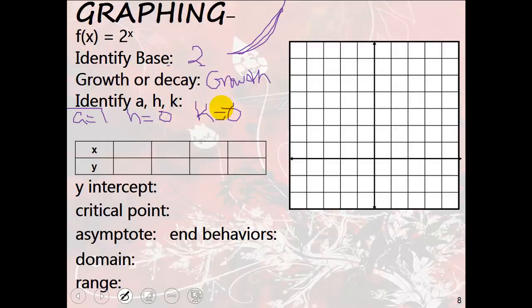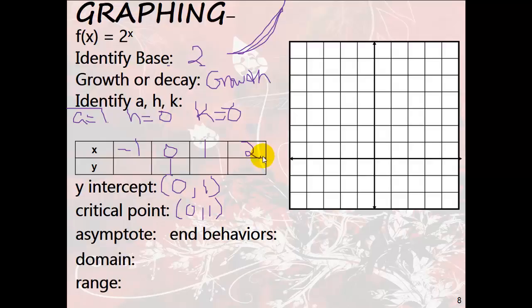Okay. So I'm going to find my y-intercept, and it's 0. When I plug in a 0, I get out a 1. My critical point is the same thing. Okay. Now I'm going to pick a couple points, something to the left. So if I pick -1, and then I'm going to pick 1 and 2.